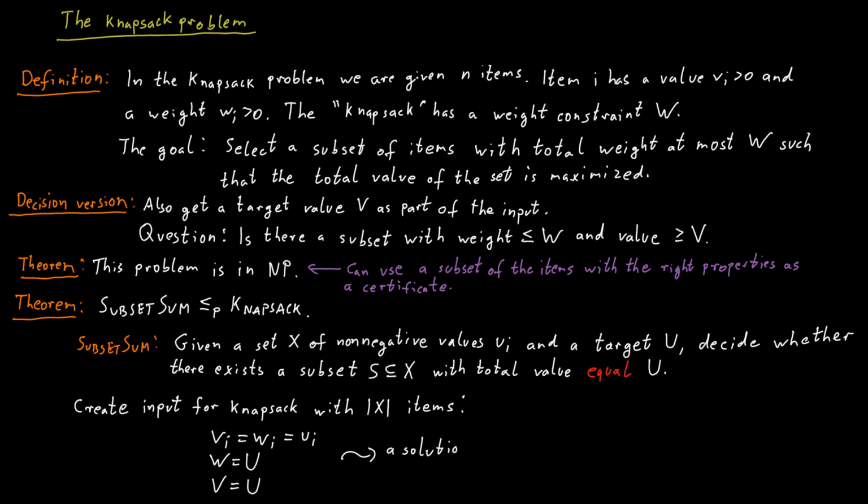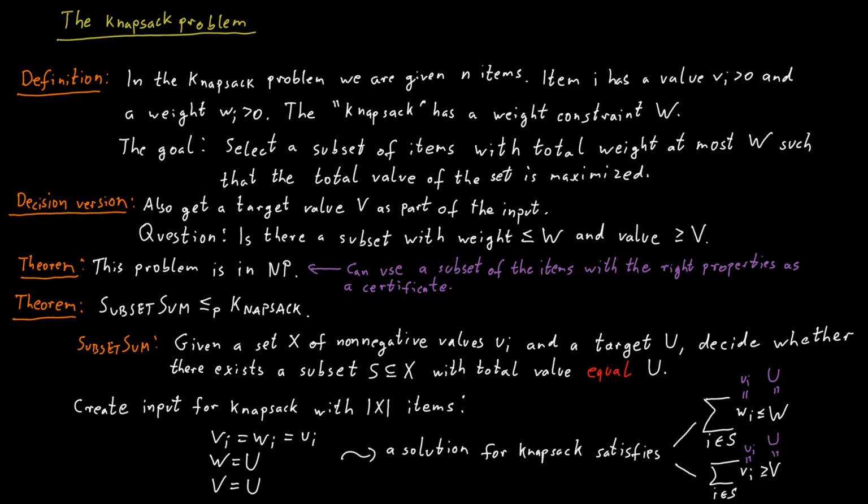And if you think about what knapsack is asking for now, it's really asking for a subset of items such that if I sum up the weights of those items, the weight will be at most capital U. And if I sum up the values of those items, it will be at least capital U. But the weights and the values are just the same and are just the u_i values from the subset sum problem.